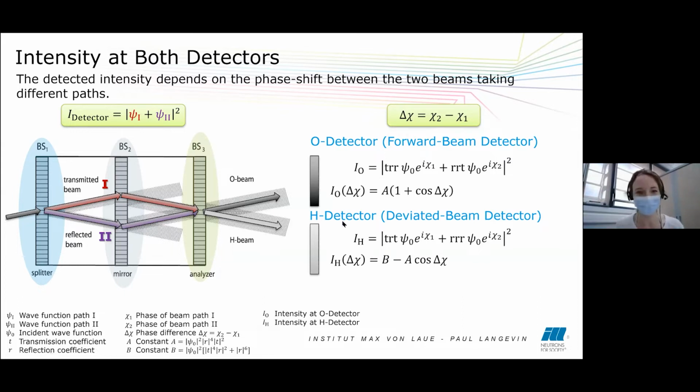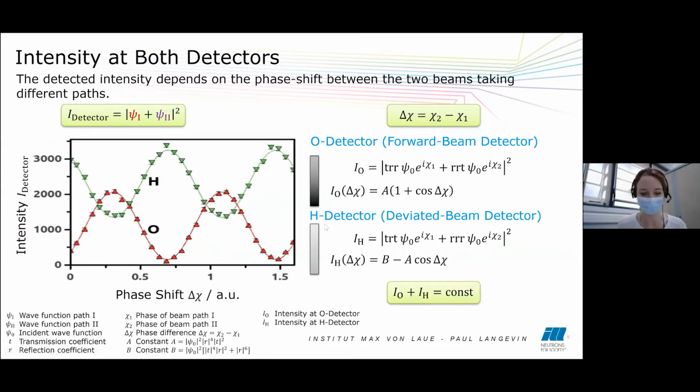You've seen it shortly now, but if you plot the intensity on both detectors as a function of the phase difference between the waves of the two different paths, it looks something like this. And what more is important here is that particle conservation exists, and that's why you see this formula. So the sum of the intensities of both beams needs to be constant. And in addition to that, silicon has essentially zero absorption for thermal neutrons, which is very advantageous for manufacturing interferometers out of silicon perfect crystals.